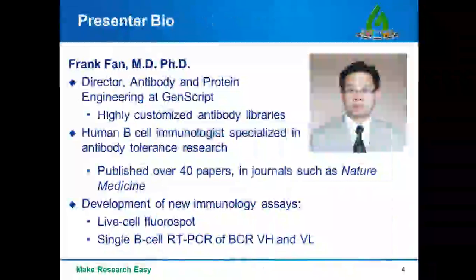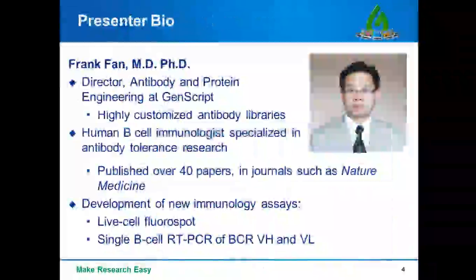He has also developed new techniques for studying applied immunology, which include a novel live cell fluorospot assay and a highly sensitive single-cell RT-PCR system to enable the amplification and sequencing of the variable heavy and variable light regions of the receptor of a single B cell.